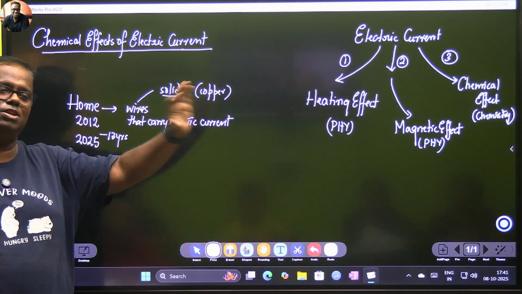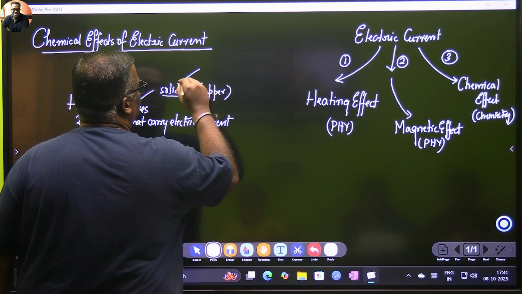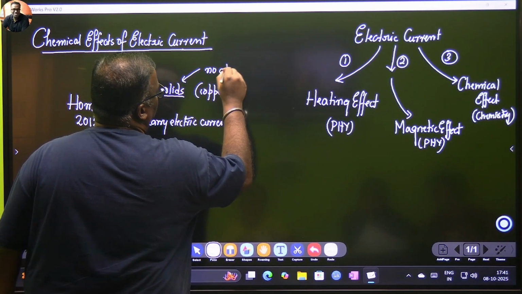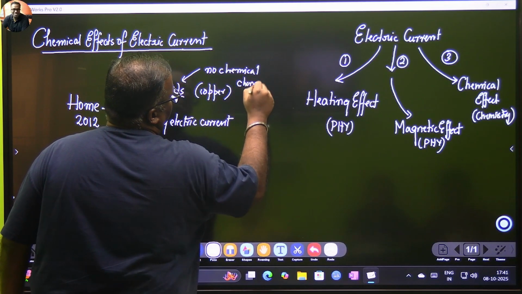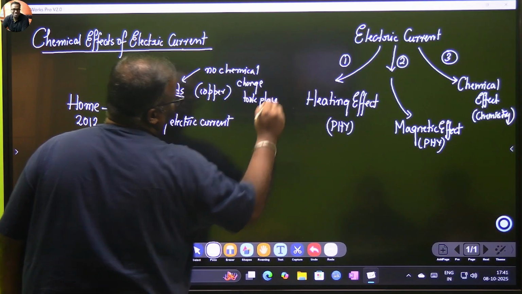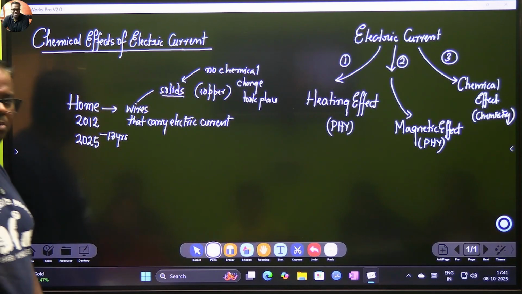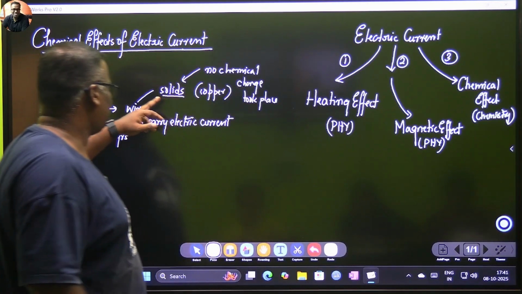It means the copper has remained copper only. So I would say that no chemical change took place. Do you agree or not? The wire must have got heated for some time, but no chemical change. This copper is still a copper wire over the last 13 years, and this is a solid.